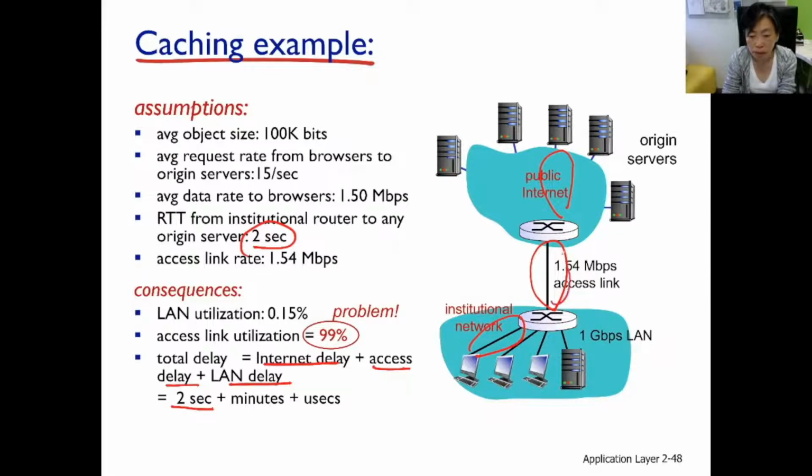But hey, here, a fully utilized link with high queuing delay, it's going to be very long. Let's just say that it takes minutes. It could be even higher. And the LAN access delay, now this is very low because utilization is super low. So let's say microseconds, right? So 3 components, which one dominates? Yep, queuing delay on the access link dominates. So bottleneck where?